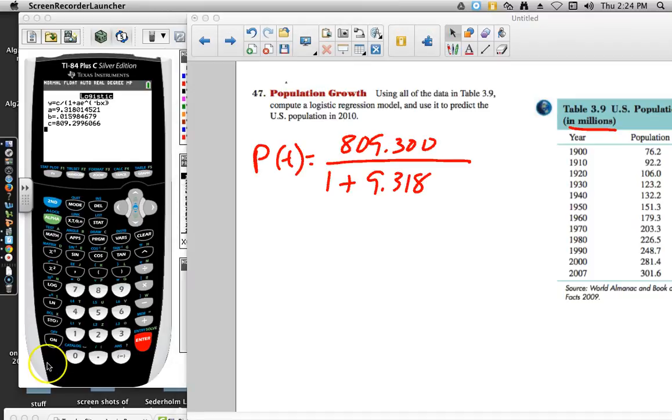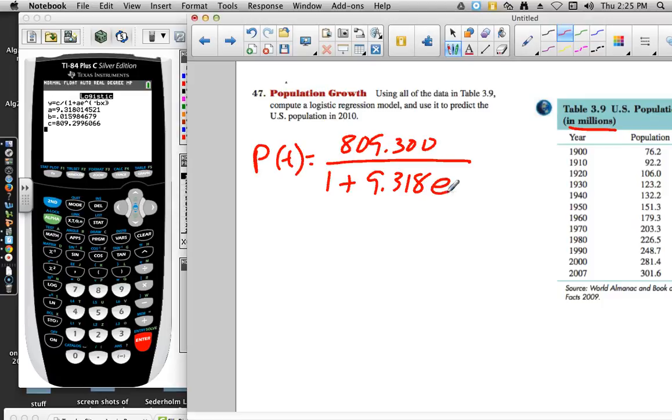Final is using the E value, so we will have plus 9.318 E to the negative BX. So negative 0.016 with our rounding there. And our power, which I was going to use T for instead of X there.